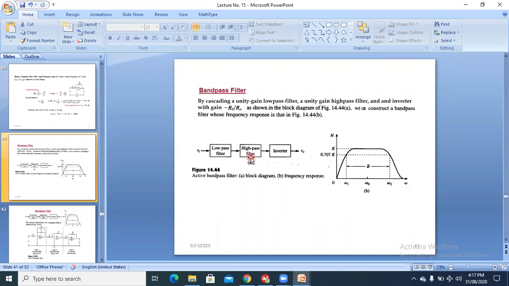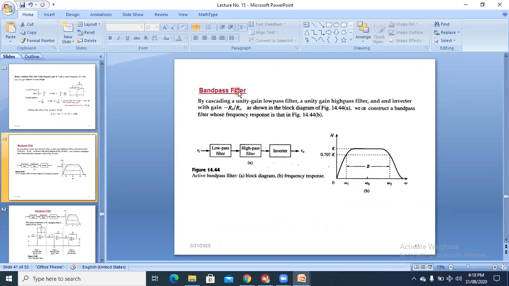And then we have the high pass filter with frequency omega 1. And then we have the inverter to control the gain K of the filter.